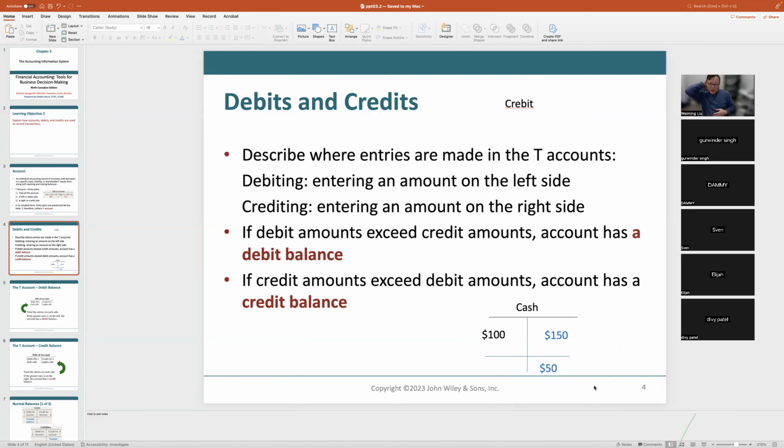That means you don't have any cash on hand. Instead, you owe the bank $50, right? You are in a negative position. So in this case, your cash will have a credit balance, right? Does this make sense?